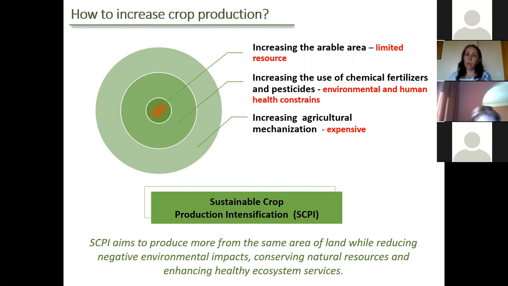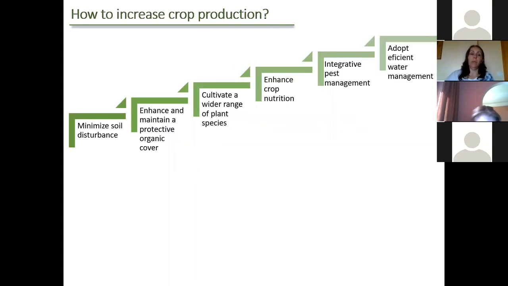However, to achieve this aim, we have to minimize soil disturbance, and we can do this by enhancing or maintaining a protective organic cover, or cultivating a wider range of plant species, enhance crop nutrition, and also use integrated pest management and adopt efficient water management.